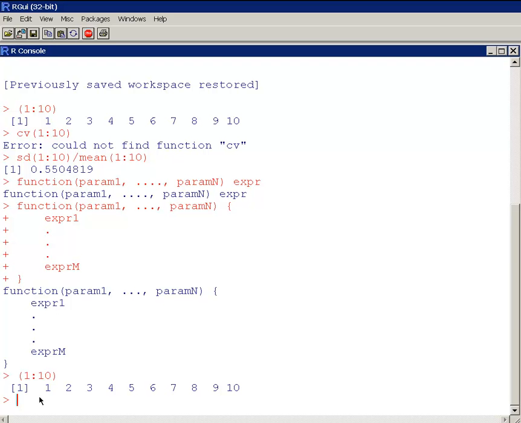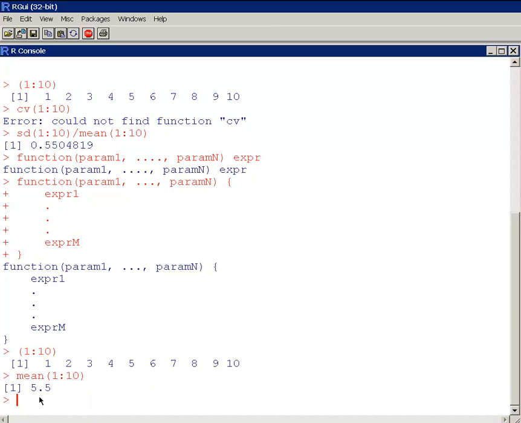Now, usually this would be a function, like we might do the mean. I think it's the mean. So we're applying the mean to this vector, and we get a result, the average of the elements in that vector.